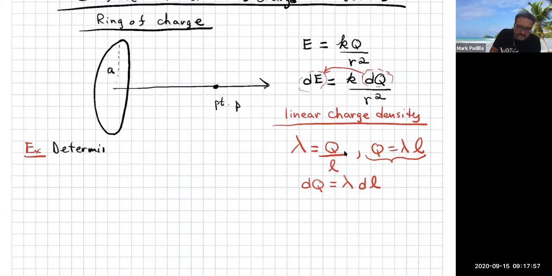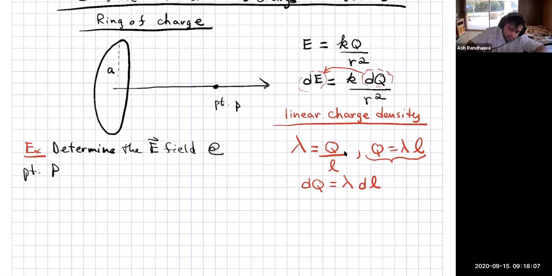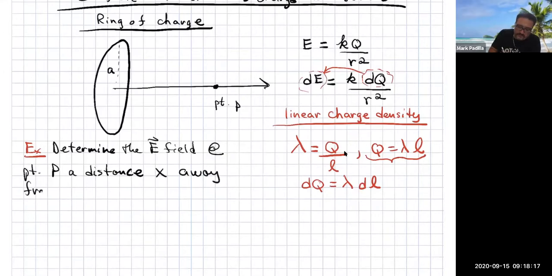Determine the E field at point P, a distance x away from the center of the ring.